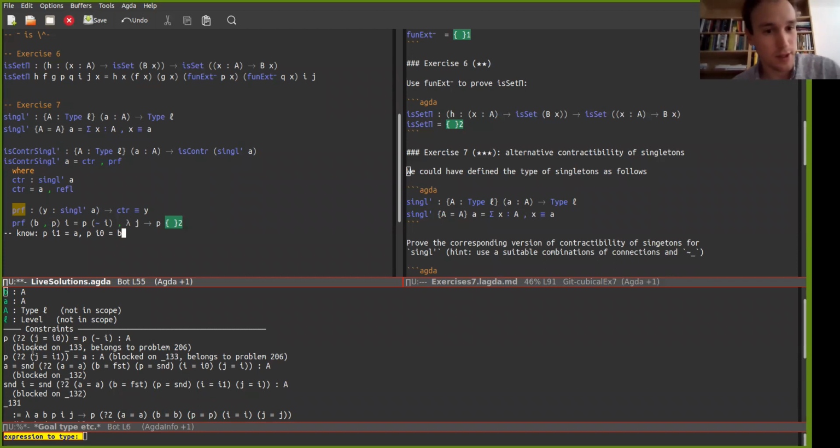Yeah, so if we look at the constraints again, if J is I1, then it's A. This one is very hard to read, I'm sorry.